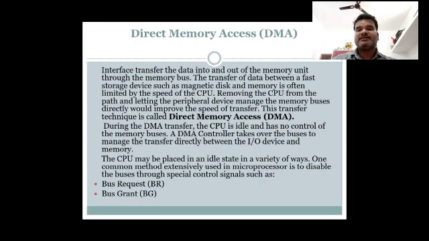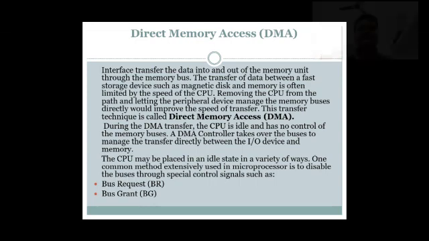One common method, extensively used in microprocessors, is to disable the buses through special control signals such as BR or bus request, and BG or bus grant.